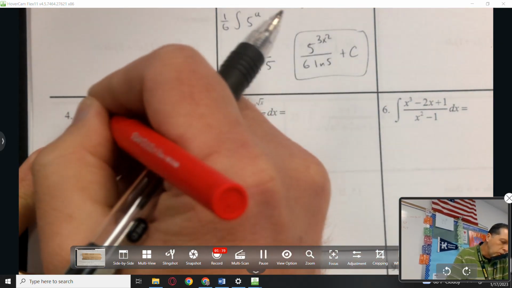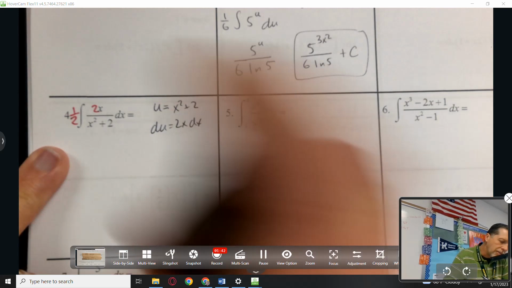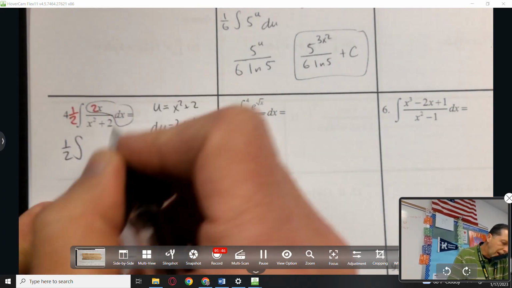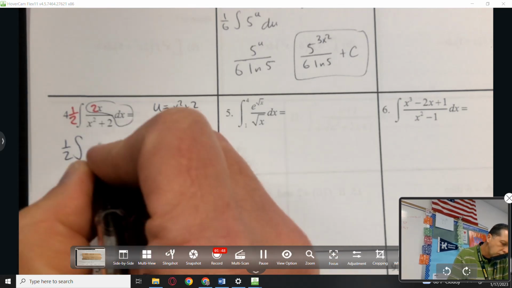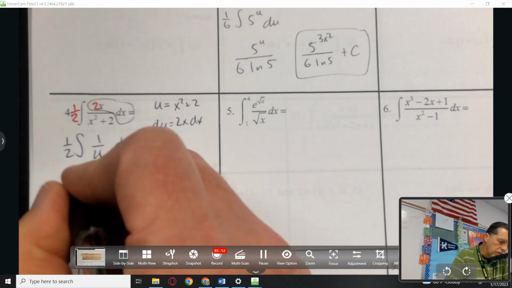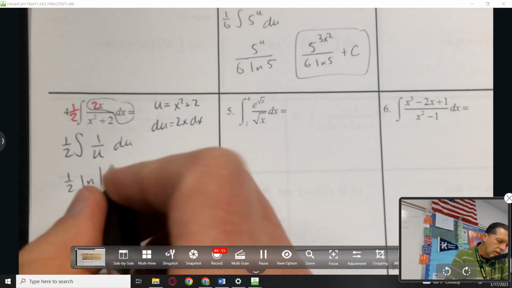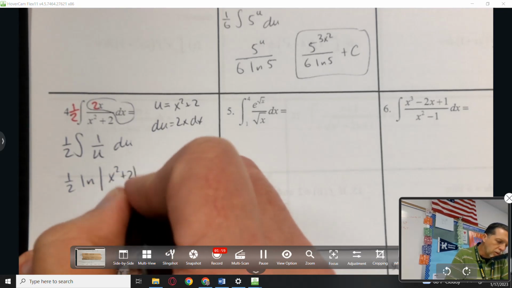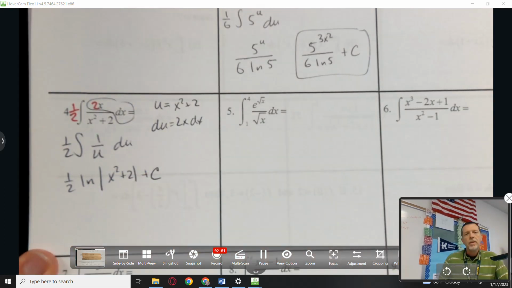So I can put a 2 up there to make it work, and then a 1/2 out front. So the 2x dx is du, and 1 over u. So that'd be natural log of u. So 1/2 natural log of the absolute value of u, and u is x squared plus 2, plus c.